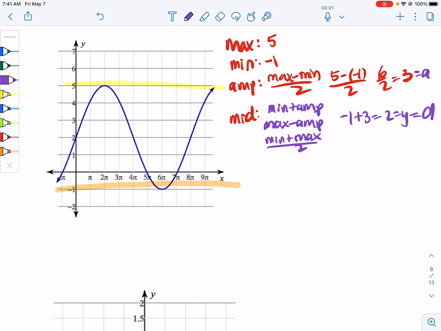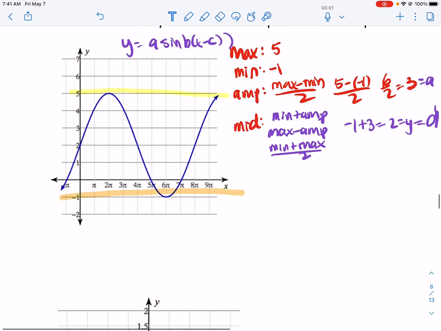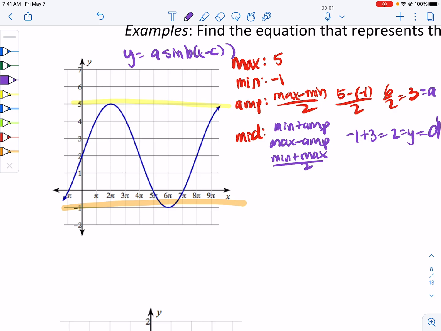So the amplitude is the A value, the midline is the D value. So now we have 2 of our 4 letters that we need, because remember our equation is A sine (BX minus C) plus D, or cosine here. So we have our A and our D.